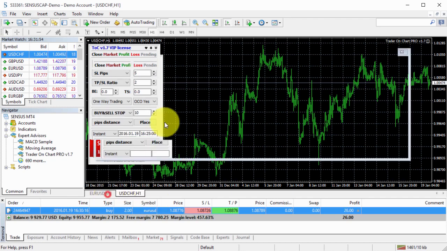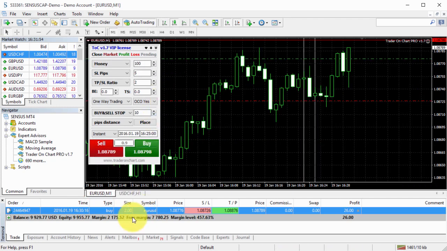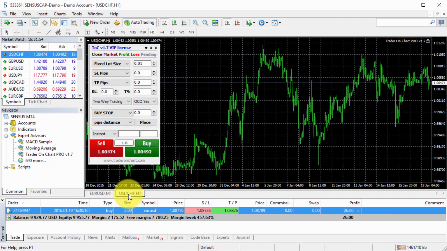So now I can even go to the euro dollar chart and click this little heart button right here. What this does is it saves the settings as defaults, and now if I go to another instance of the trader and chart and click this arrow right here, it will load the default settings.